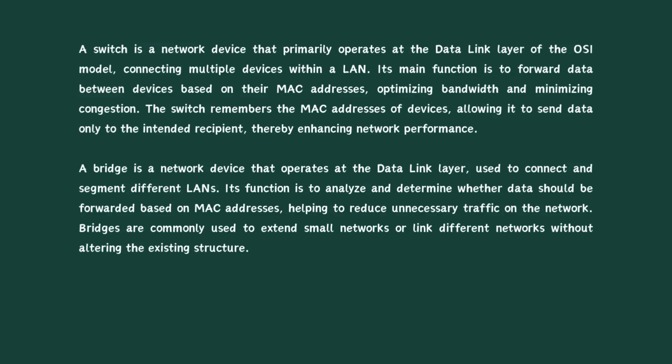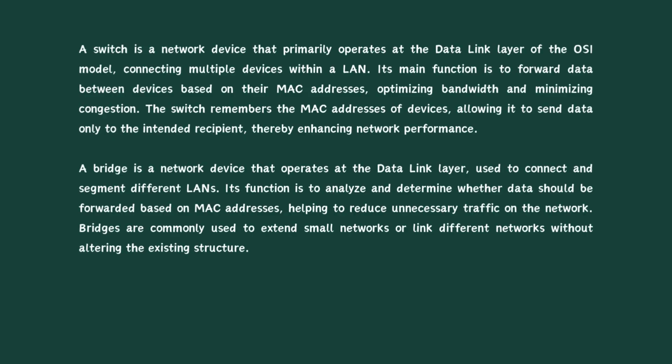A switch is a network device that primarily operates at the data link layer of the OSI model, connecting multiple devices within a LAN. Its main function is to forward data between devices based on their MAC addresses, optimizing bandwidth and minimizing congestion. The switch remembers the MAC addresses of devices, allowing it to send data only to the intended recipient, thereby enhancing network performance.